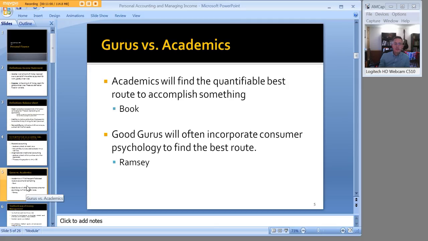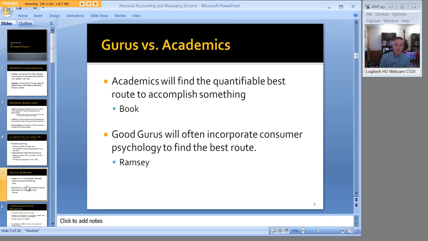Now, typically, a good financial guru is going to incorporate some consumer psychology into the way they're doing things. Even though the quantifiable best way of doing something might be the academic way, a guru will say, no, we're not going to do it that way, and here's why. And in personal finance, it's usually something to do with consumer psychology.